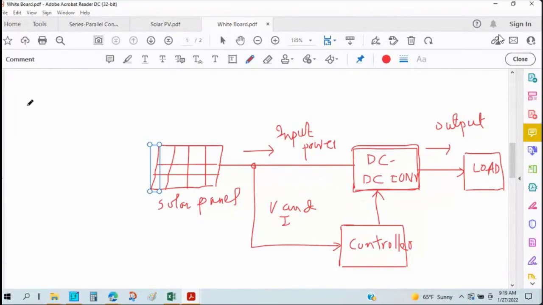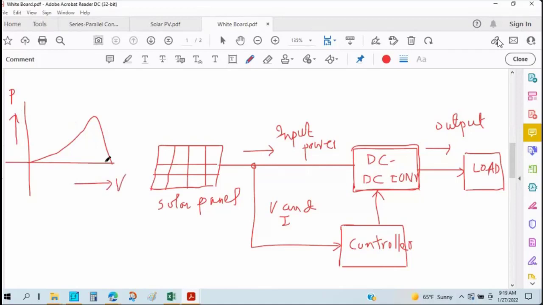That means, what is our graph? The curve was like this one, right? Let's think that the curve is like this one. This is power, and this is voltage. The power is maximum at this point.